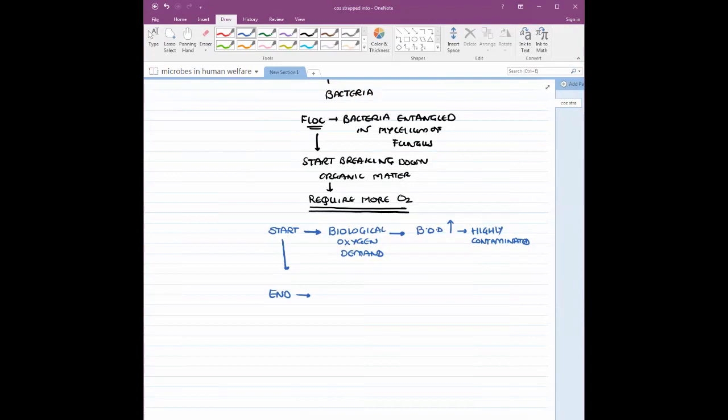So towards the end of your secondary treatment, the BOD decreases. And if the BOD decreases, what does this mean? It is going to be less contaminated, or the contamination has gone away. It depends upon what levels of low BOD you are looking at. Less contamination.